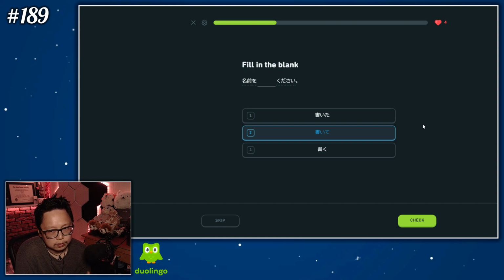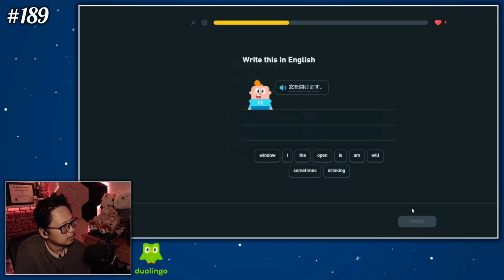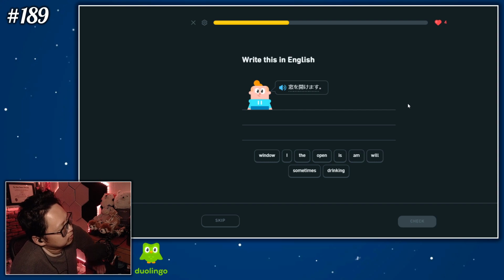It's our godan. Okay, example. 書いて。窓を開けます。Okay, now we're gonna get our two ichidan.